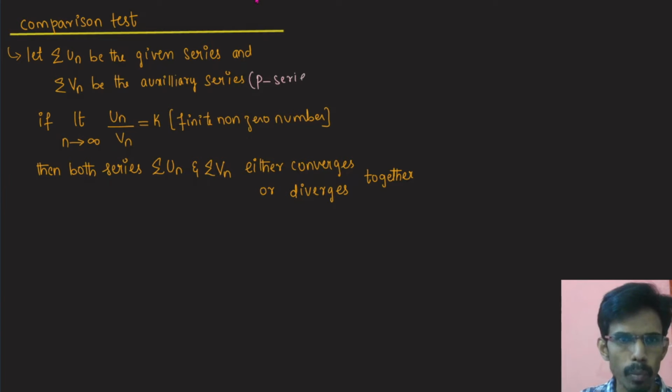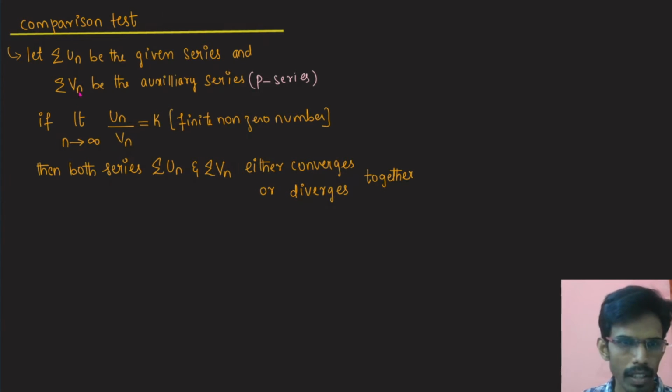So we assume this sigma Vn from the given series. Now after that we find limit n tends to infinite un by Vn. If that value, the ratio of these two after applying the limits, is a constant k, that is a finite non-zero number, then both series sigma un and sigma vn either converge or diverge together.